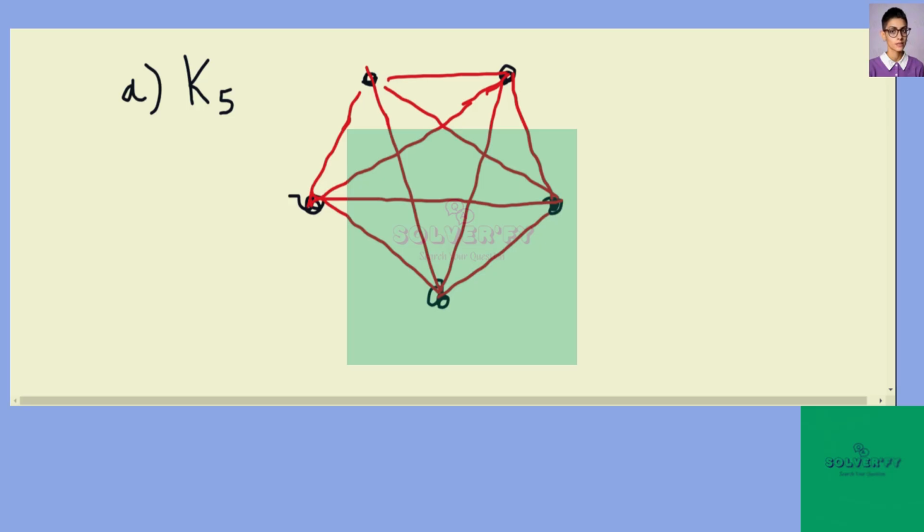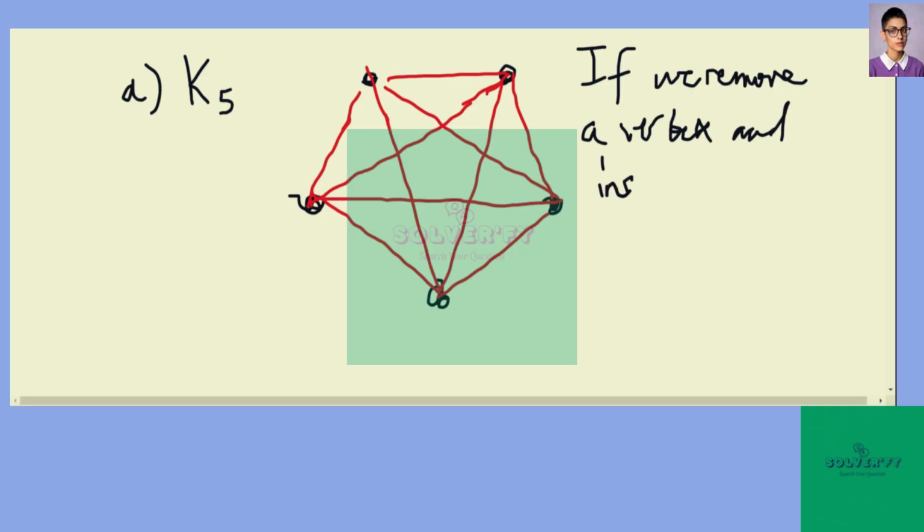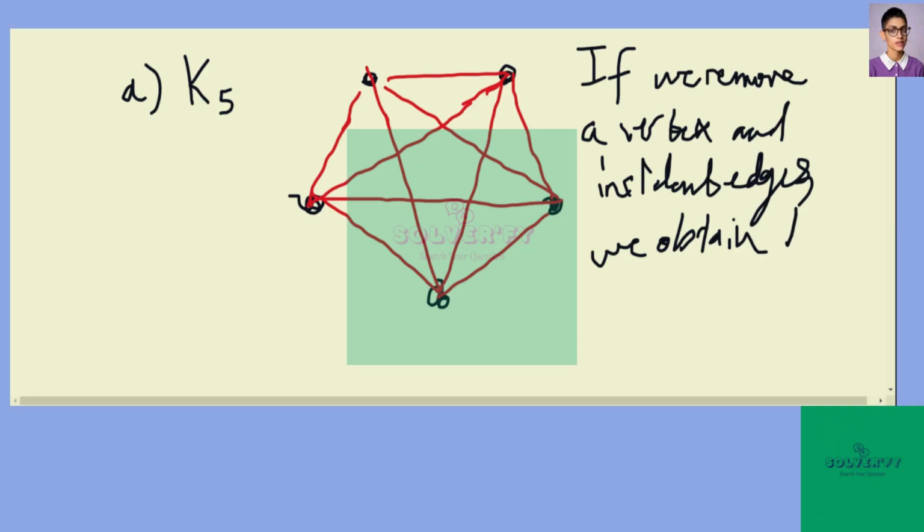Now, if we remove a vertex and incident edges, we obtain another complete graph, K4.